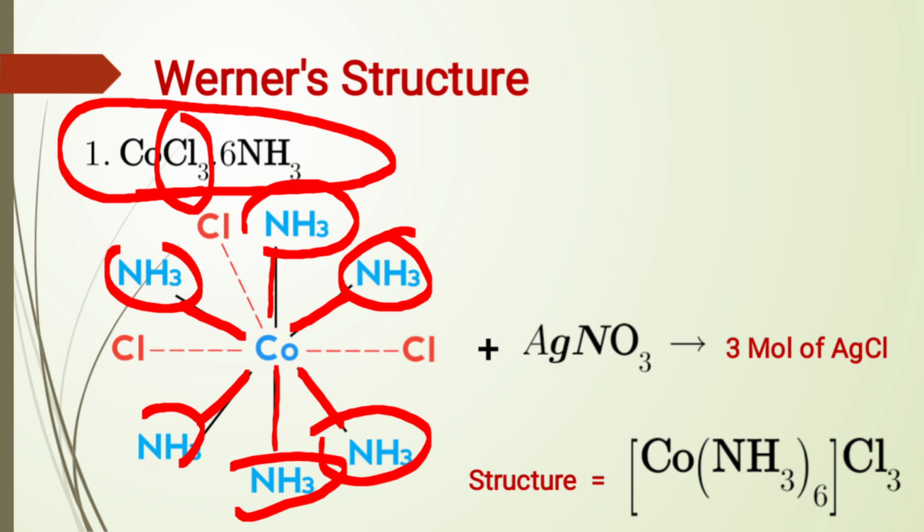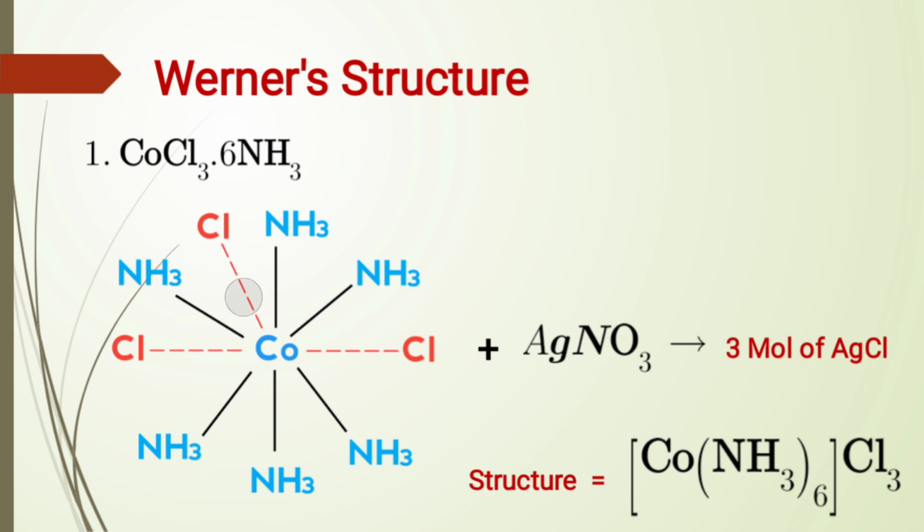So remember, ammonia satisfies the secondary valency, right? And secondary valency is represented by normal lines, right? So that's why all these 6 ammonia are distributed along these secondary valencies, which are represented by lines.